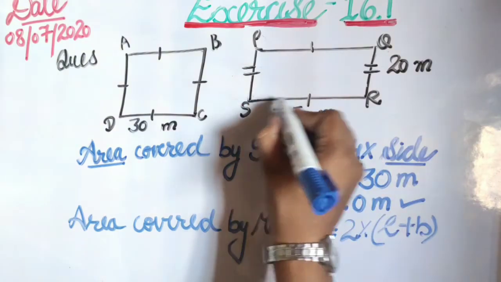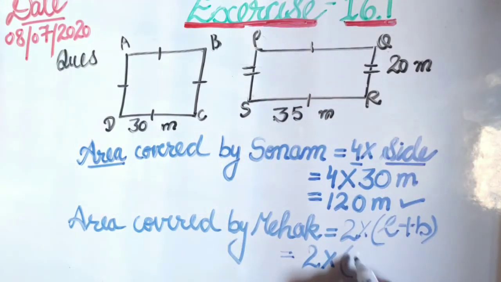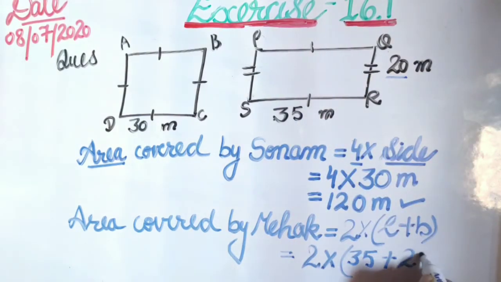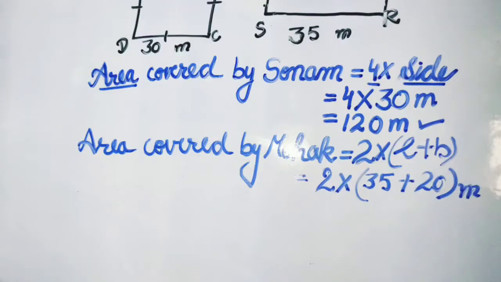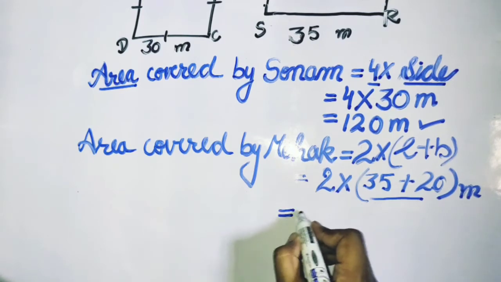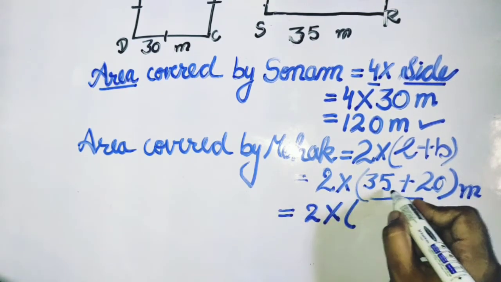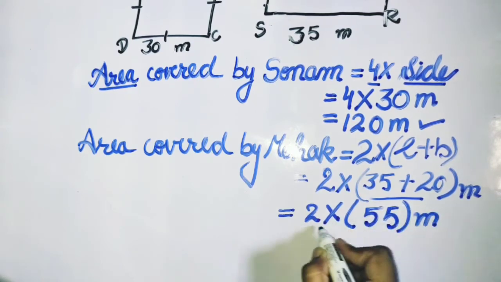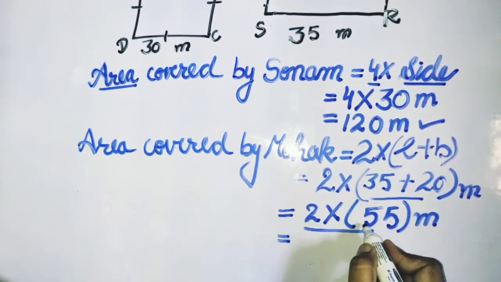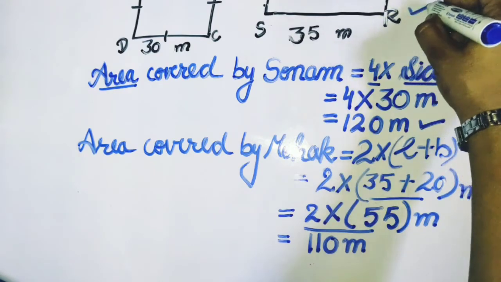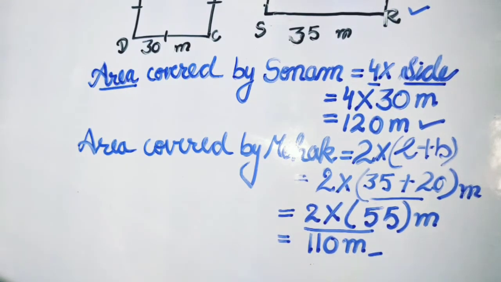Length of the rectangular park is 35 meter and breadth is given to us 20 meter. Now according to the BODMAS rule, we will first solve the bracket. 35 plus 20 is 55 meter. Now we can multiply them. 55 twos will be 110 meter. It means distance covered by Mehak is 110 meter.